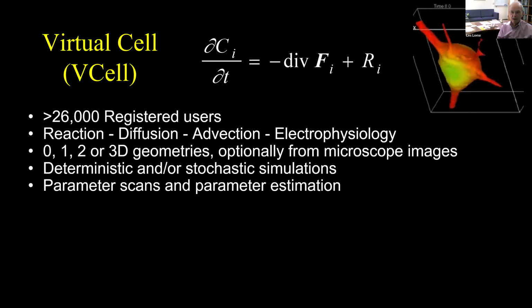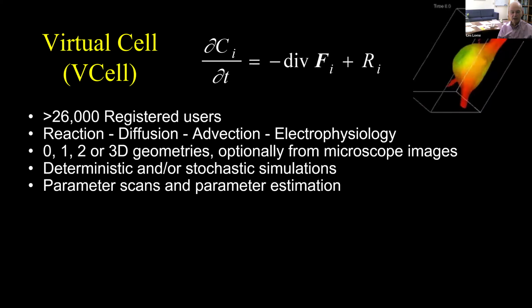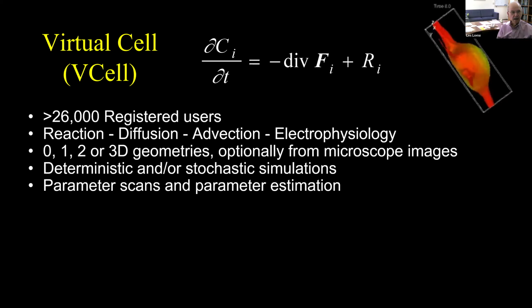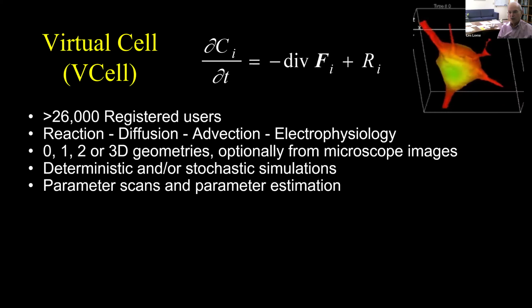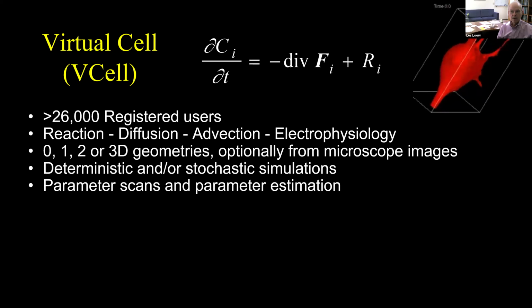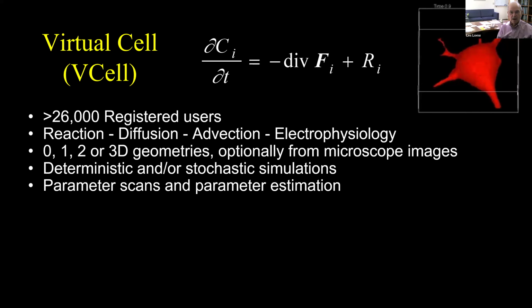Copasi is superb at doing parameter estimation, as you'll hear later on. It can do it in many, many different ways and solve for much more complex problems than Virtual Cell. But we've taken some of the Copasi technology and included it in Virtual Cell so that as a convenience, you can do parameter estimation in Virtual Cell as well, but in a more limited way.